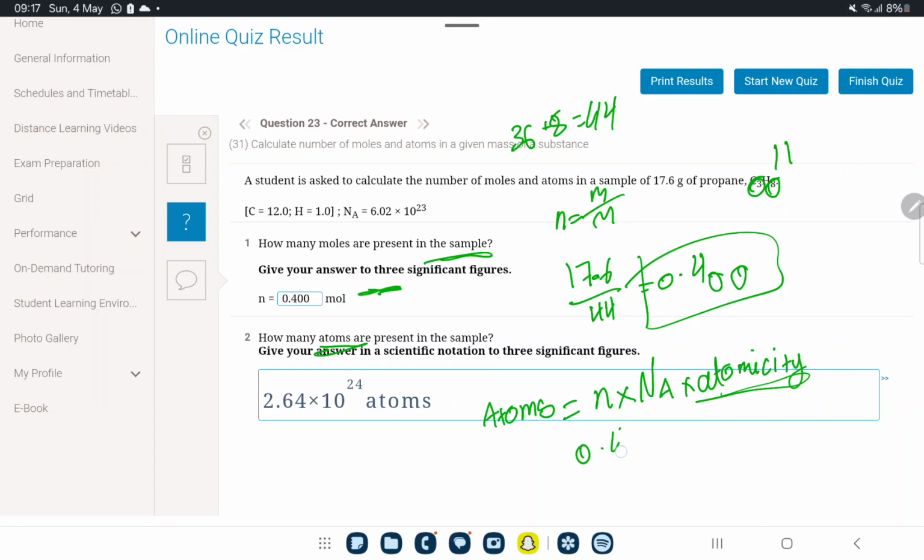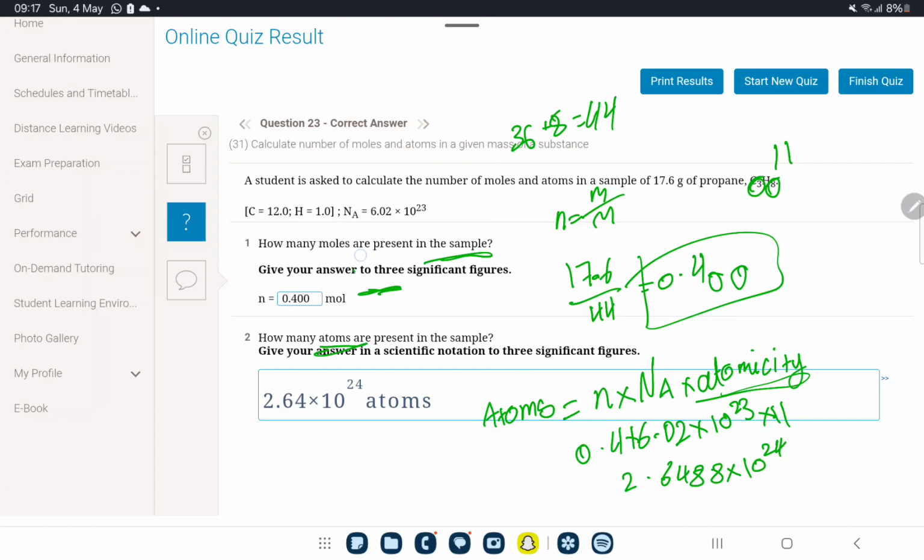So 0.4 times 6.02 times 10 to the power of 23 times 11. You get 2.6488 times 10 to the power of 24.